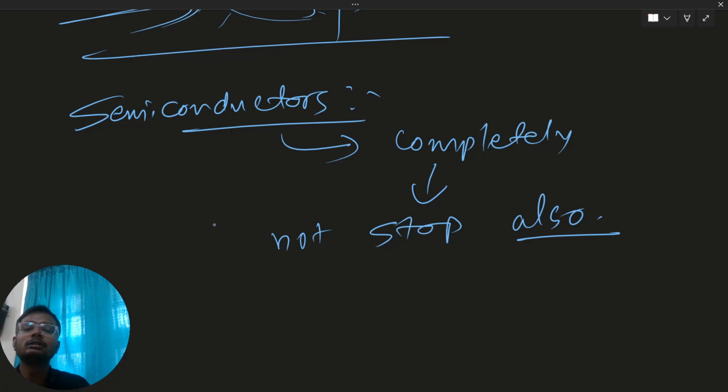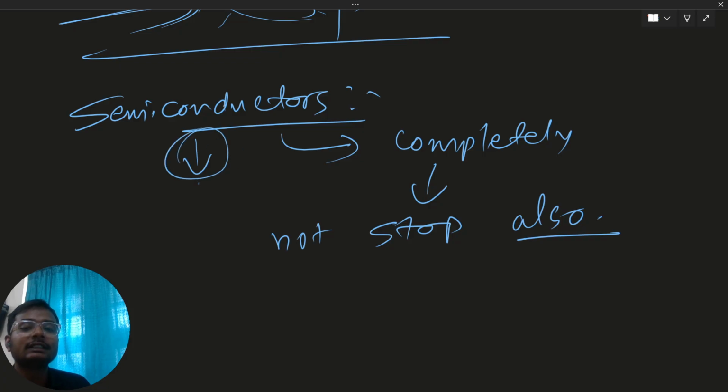It allows some amount of electric current to pass through it. Sometimes it stops also. Under different conditions. I'll tell you, this is a complete chapter in class 12th: different conditions with doping, in the presence of more temperature and all those things.